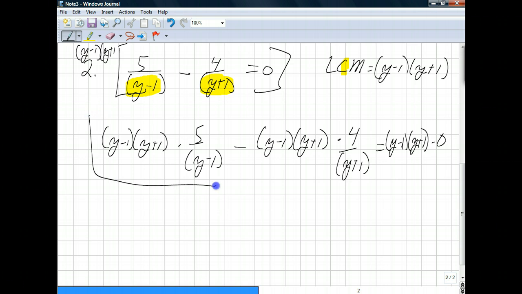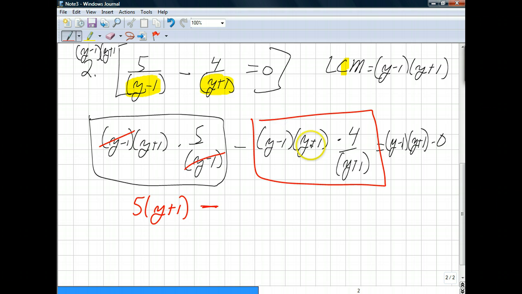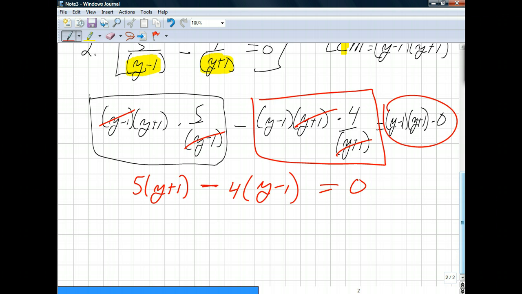Now we go back and simplify this. So we see that the y minus 1s will cancel, and that's going to leave me 5 times y plus 1, bring down my minus sign, then come to this, and I see that y plus 1s will cancel, so I get 4 times y minus 1 equals, multiply that, and I get 0. Now it's just a matter of simplifying. So we get 5y plus 5.